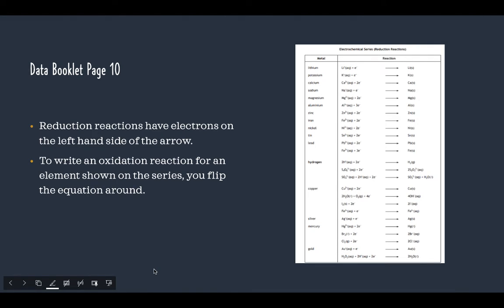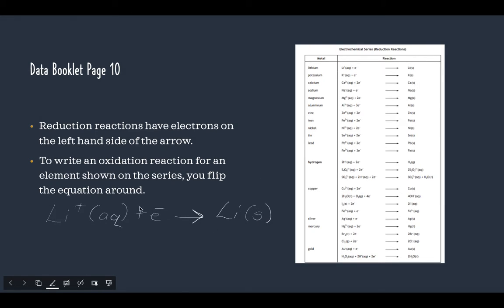Okay, so let's start with lithium then. The reduction reaction for lithium ions forming lithium atoms looks like this.